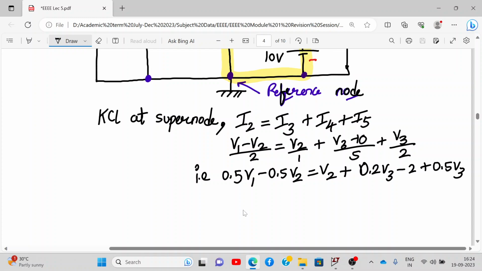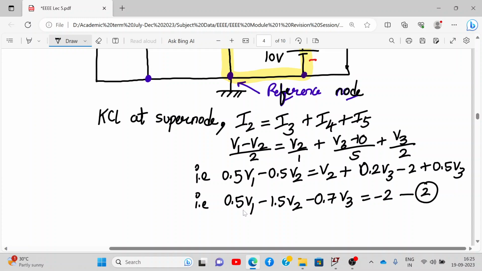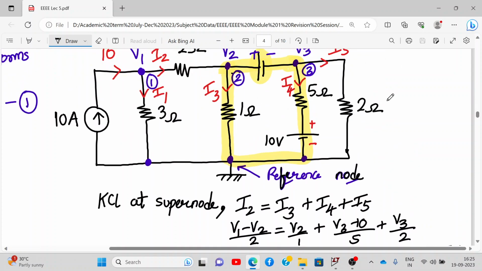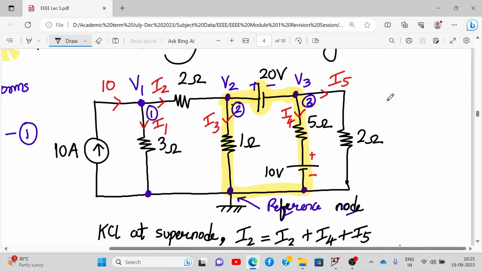Okay, don't solve it by LCM, solve it like this. So here we club the terms together. It will be 0.5 V1 minus 1.5 V2, then minus 0.7 V3 is equal to minus 2. Alright, this we call equation number 2. Okay, got it? So this is what happens when we apply KCL at the supernode.